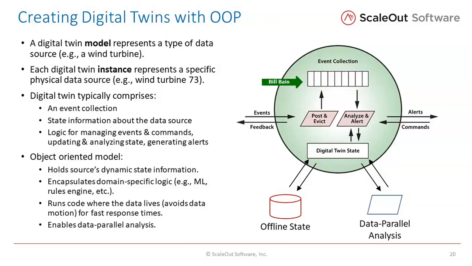Likewise, it incorporates state. This is the key. The center point of the whole object is dynamically evolving state information about that data source. So if we're looking at an e-commerce shopper, this might be the preferred brands. If it's a wind turbine, it might be how much time is left before the next maintenance period. Has this wind turbine ever oversped?